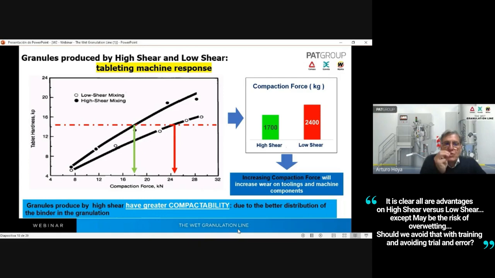We have to train the personnel, the operators, so they know the variables, how to modify them, how to control the process, and how to use the devices that give us the precise final endpoint.